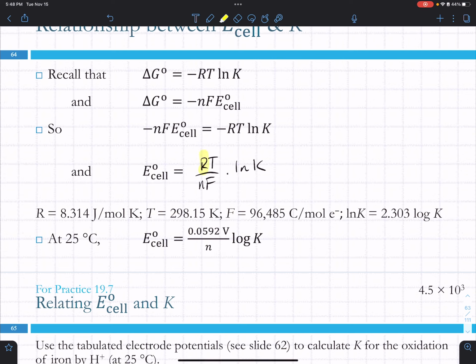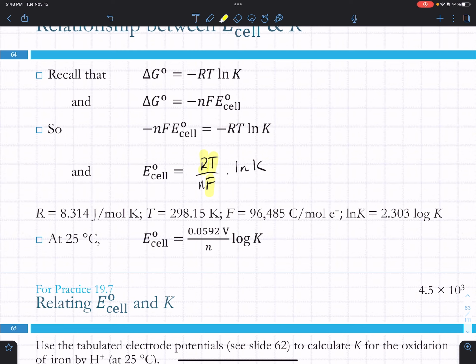Under standard conditions, which is what we're talking about here, again, this little 0 or naught, sometimes it's called. So E cell naught, or E cell 0, at standard conditions, temperature is always going to be 295 degrees Kelvin. F is Faraday's constant, so that's always constant.